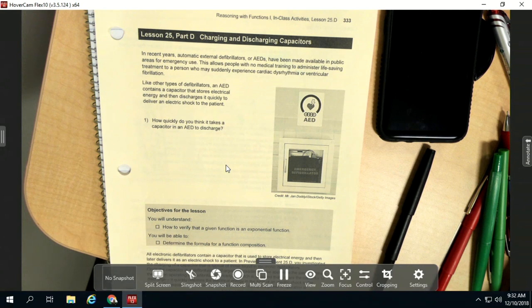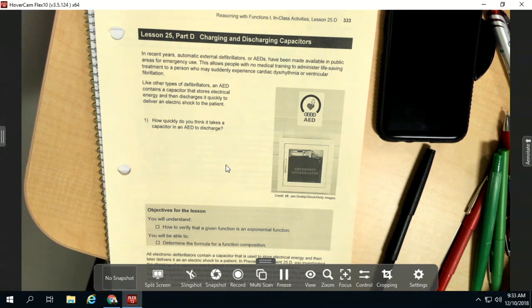Okay, so we have this AED. How does it work? It does what to your heart? Does it do it quickly or slowly? I feel like it goes at a pace, doesn't it? It doesn't do it twice. It only does it what? One big shock. Well, you have to understand how a capacitor works. A capacitor is a thing that stores electrical charge.